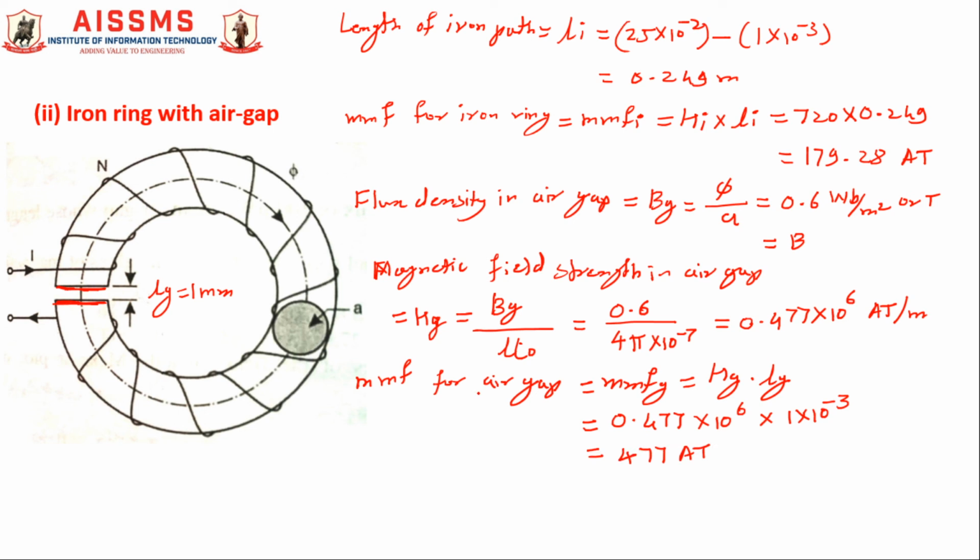Now we have mmf for iron ring, we have mmf for air gap. So let us calculate total mmf. Therefore total mmf T is equal to mmf for iron ring, mmf i, plus mmf of air gap, mmf g.